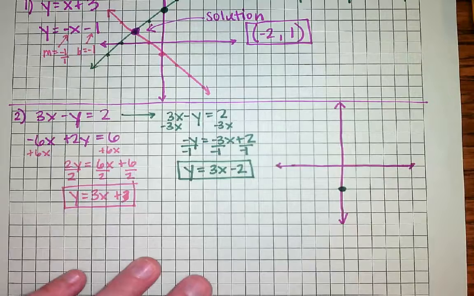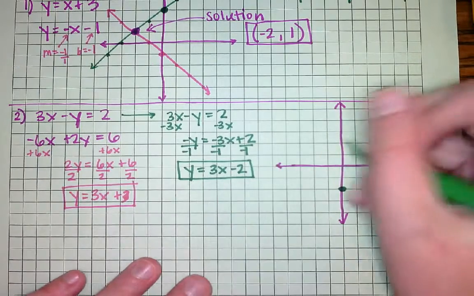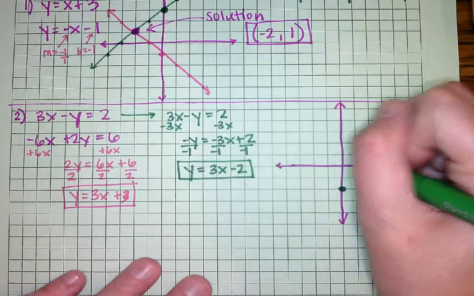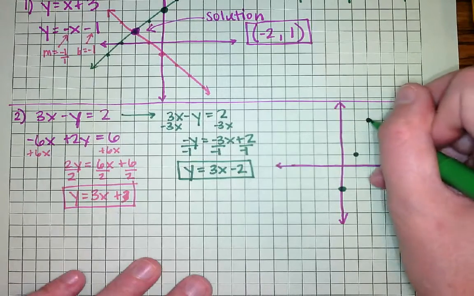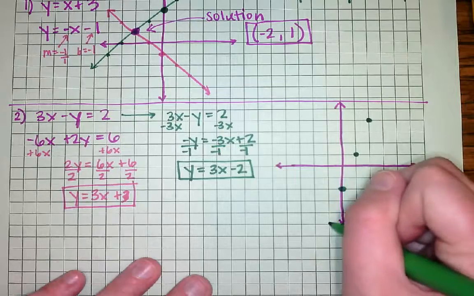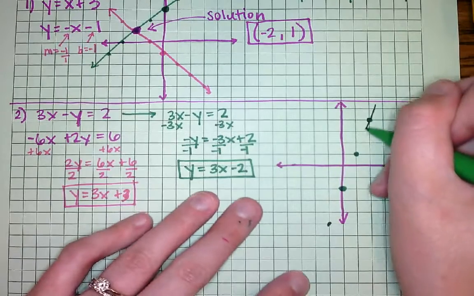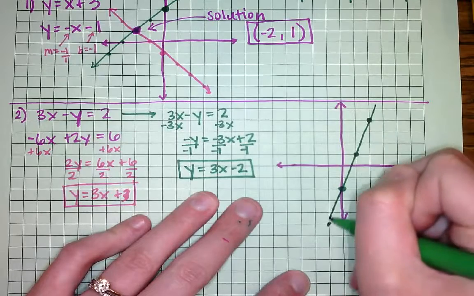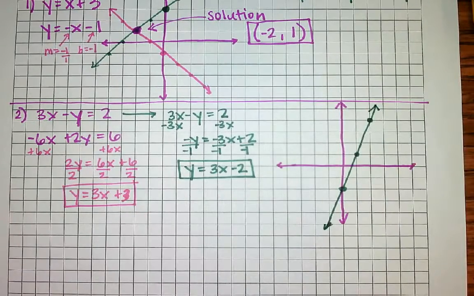And then what is my slope, y'all? 3. So I'm going to go up 3 over 1. Down 3, left 1. So this is one of my equations that I have graphed. Do y'all feel good about just a little refresher on graphing these?